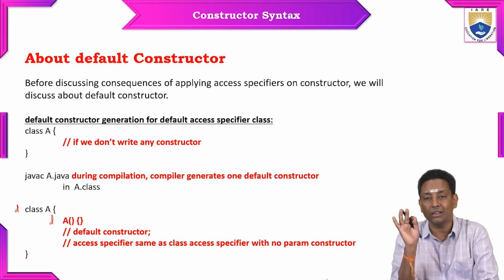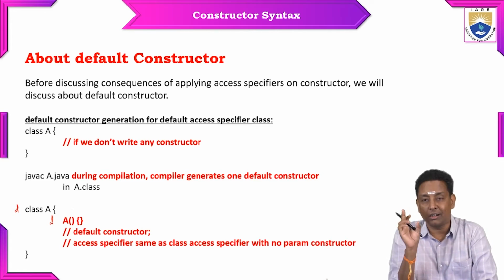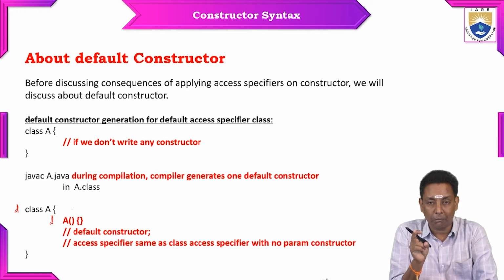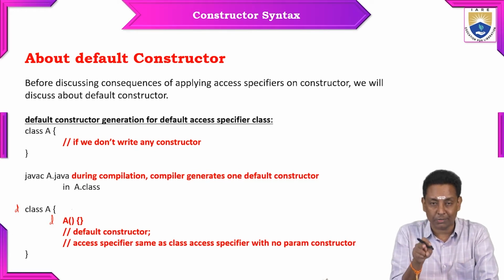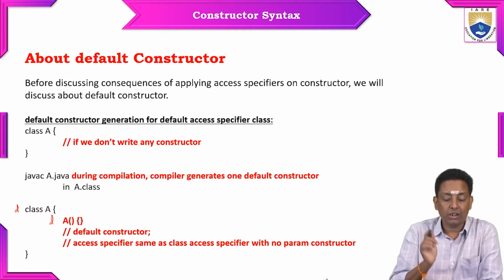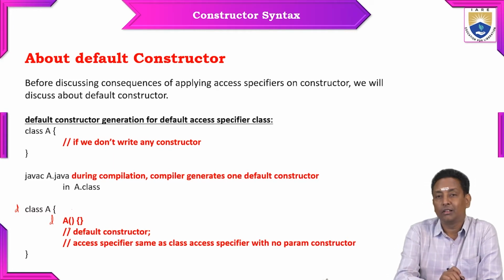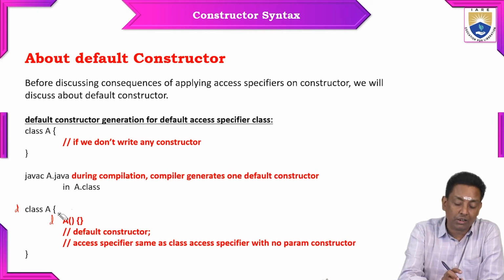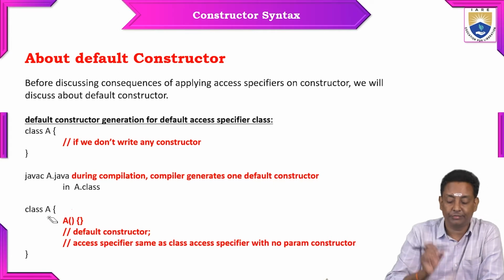A default constructor is the constructor generated by the compiler during compilation time. If the developer doesn't write any constructor in the class, the constructor generated by default by the Java compiler is called the default constructor, whose signature is no parameter and whose access specifier is the same as the class access specifier. And because the class access specifier is default, the constructor access specifier is also default here.